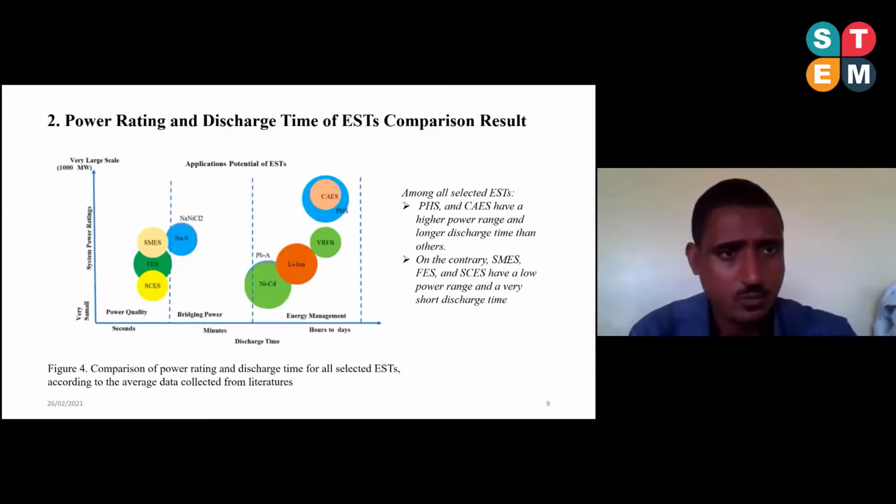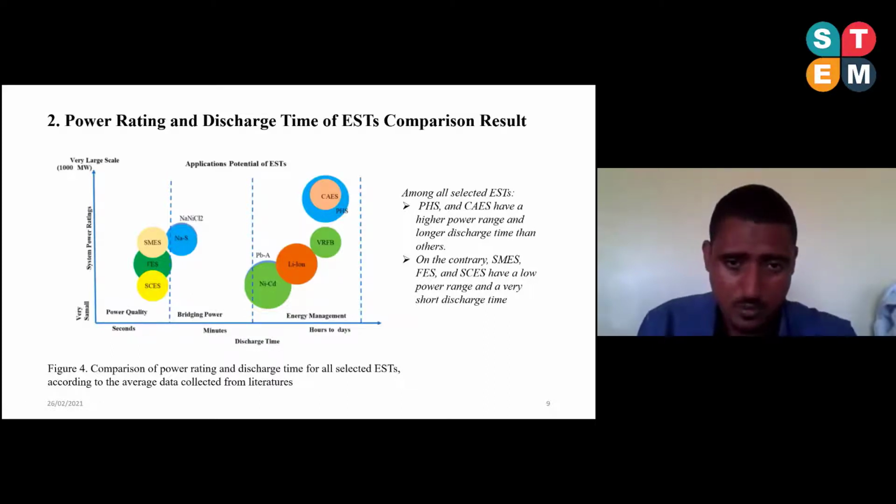The second one is the power rating and discharge time comparison of energy storage. As you see from the graph, compressed air energy storage and pumped hydro storage have higher power range and long discharge times.